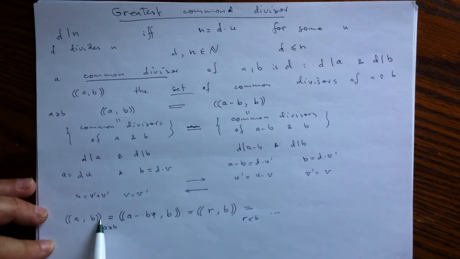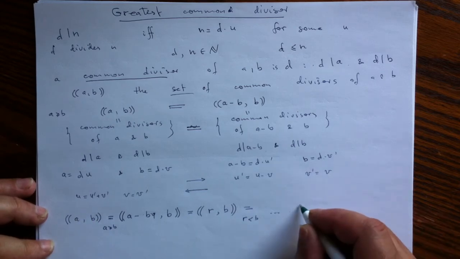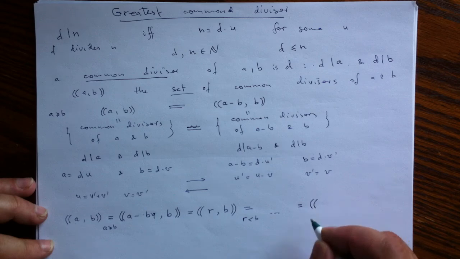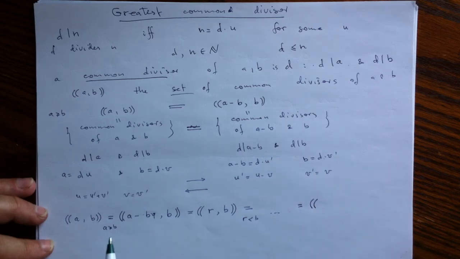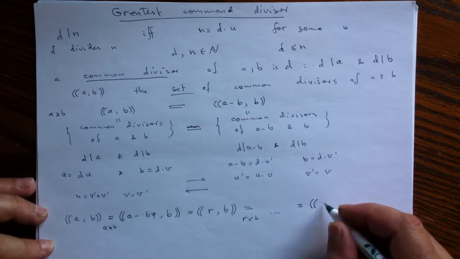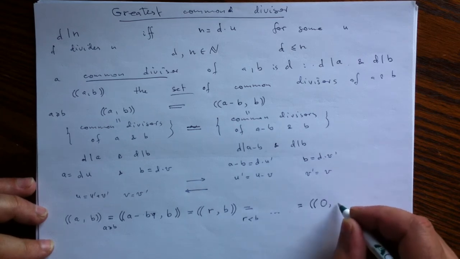So I'm overall reducing the size of this pair, so to speak, and I cannot do it forever because I'm using only natural numbers. I have to stop. So how can I stop? I can only stop by running out of one of the numbers, creating 0.